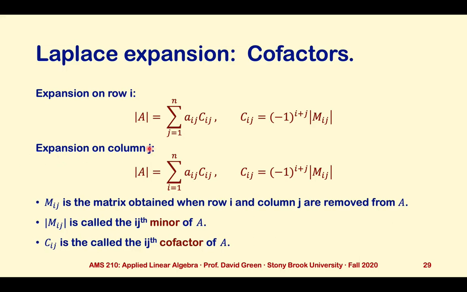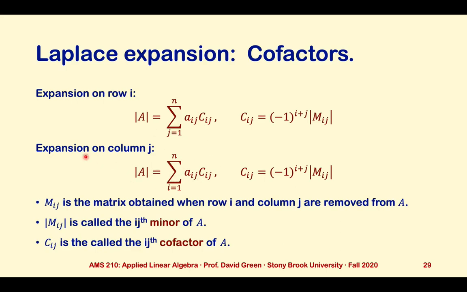This isn't surprising. Remember, the determinant of the transpose of a matrix is exactly the same as the determinant of the matrix itself. Expanding along a row of a matrix is the same as expanding along the column of its transpose, and so it makes sense that the same definition should work.